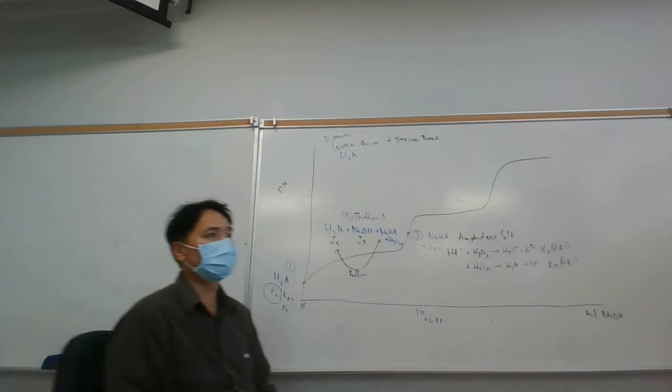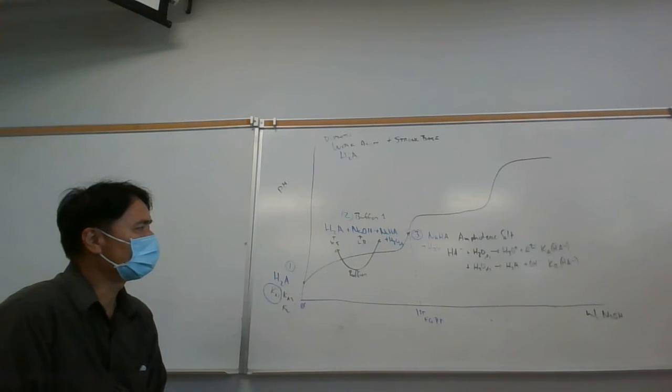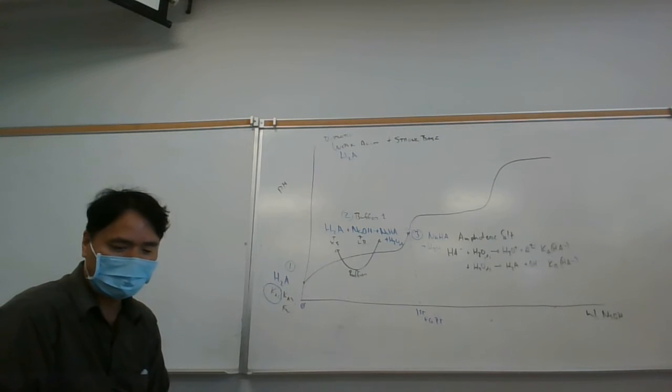But the situation is, the strongest acid is HA minus, but HA minus can also act as a base. In fact, HA minus is the strongest acid and the strongest base, so HA minus plus HA minus yields HA minus and HA minus.